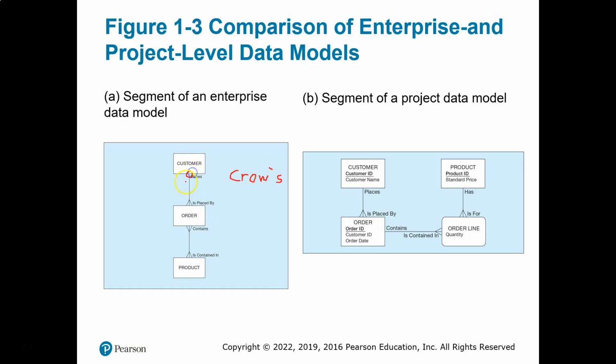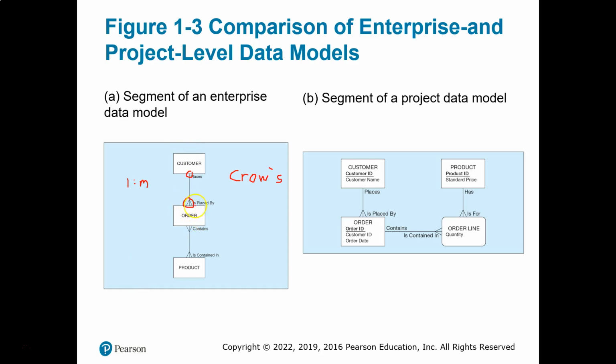This side of the relationship connector indicates 1. This side of the relationship connector indicates many. So I would write this out 1, the letter M for many. One customer places many orders.